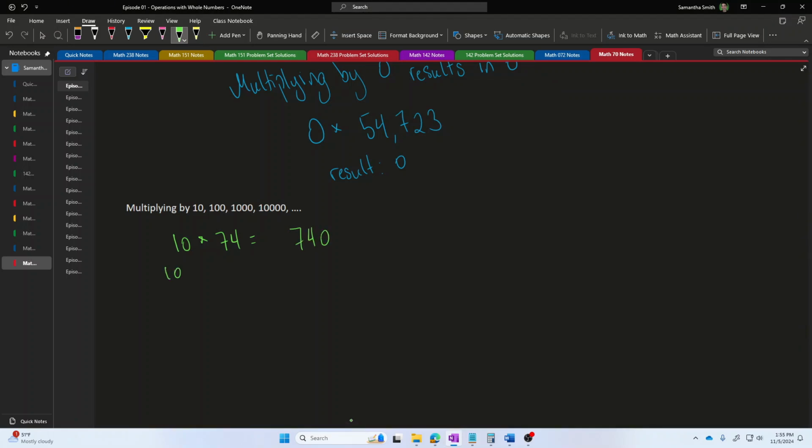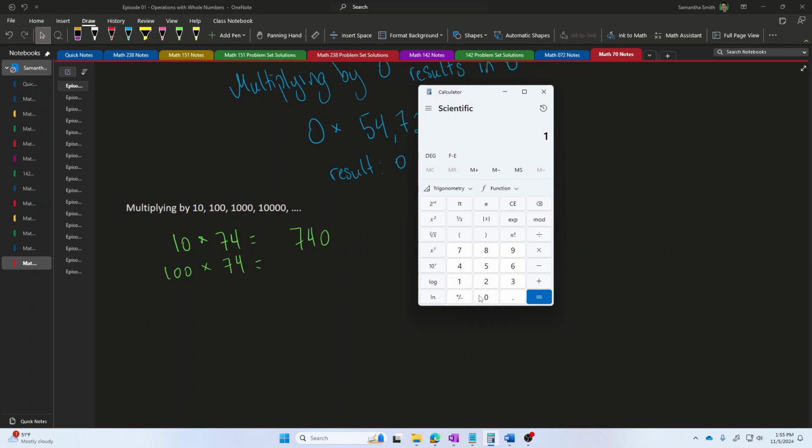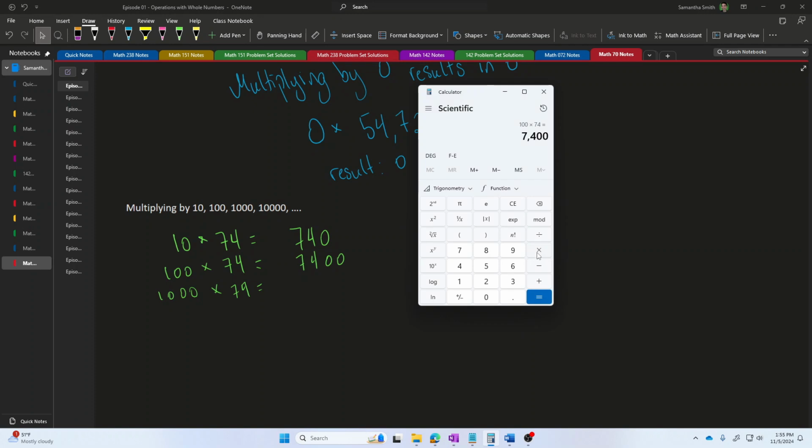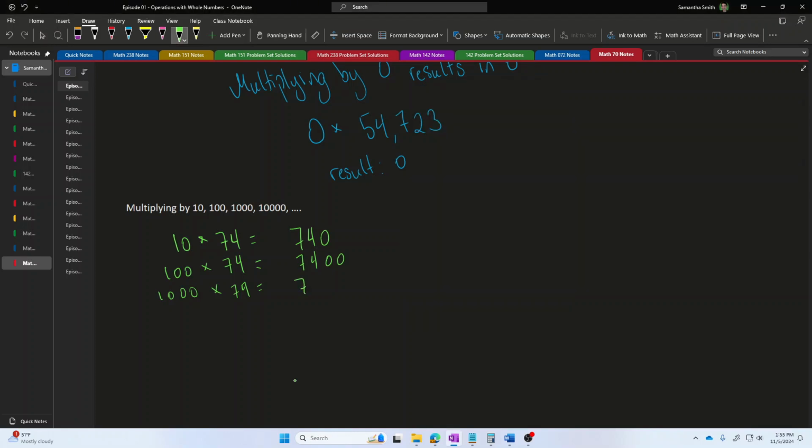If I do 100 times 74, and I put that in the calculator, I get 7400. If I do 1000 times 74, and I put that in the calculator, seventy-four thousand.